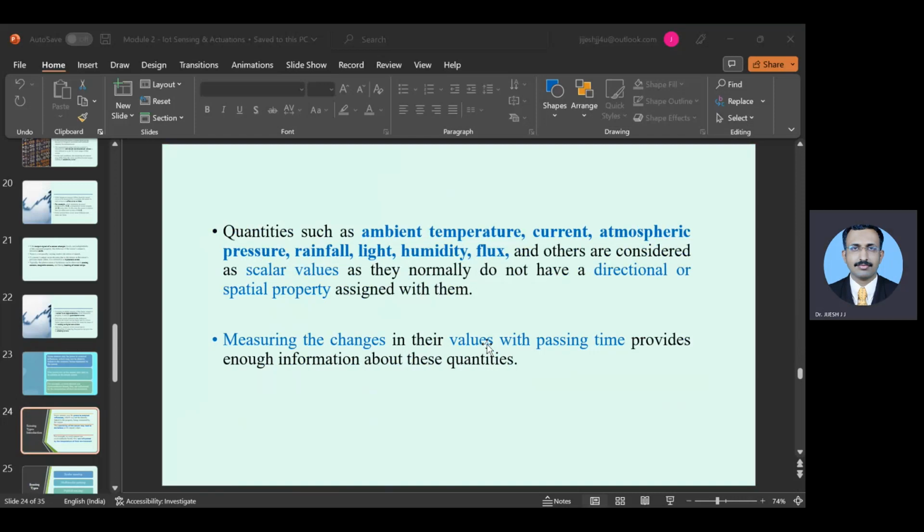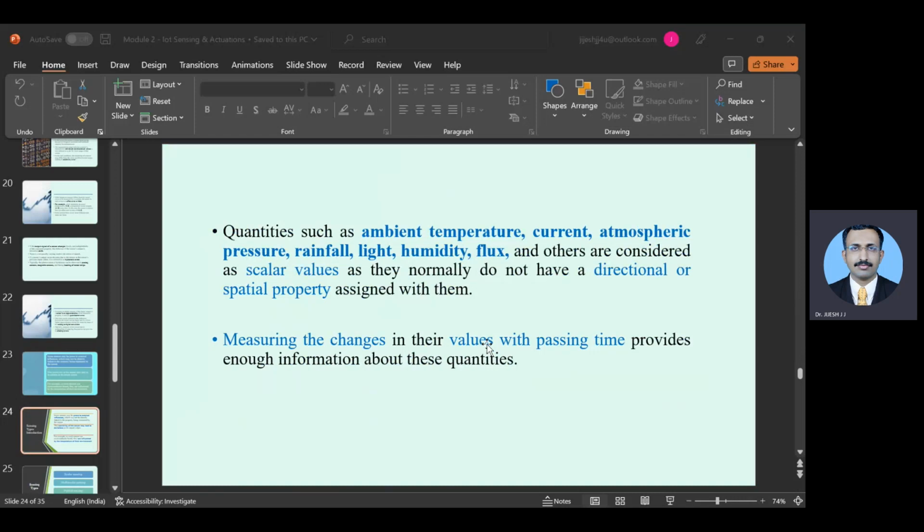Okay, so all those things can be used, or when the water increases to a certain level, like if somebody is doing a water level sensor project. So those things can all be used there. Okay. So measuring the change in the values over passing time provides the information regarding the parameters you are going to measure.